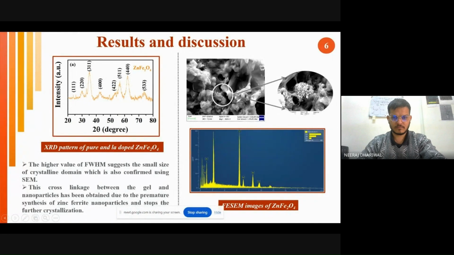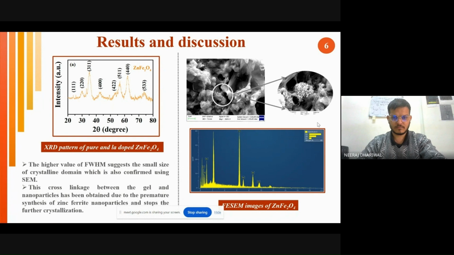Due to the small amount of NaOH and the short time in the hydrothermal, this shows a flower-like structure, which increases the porosity and the surface to volume ratio, which is the primary concern of any kind of gas sensor.